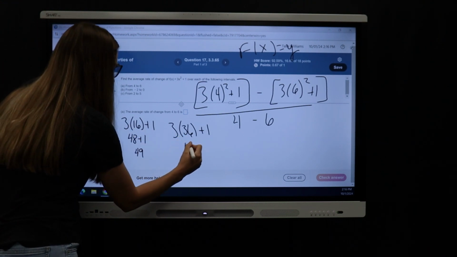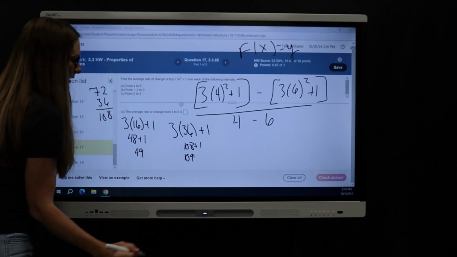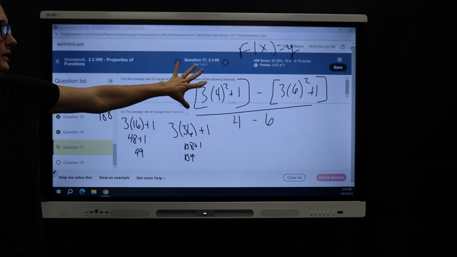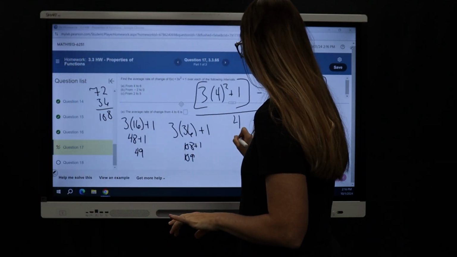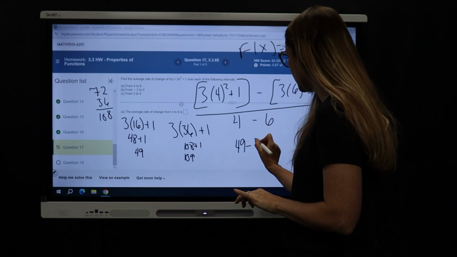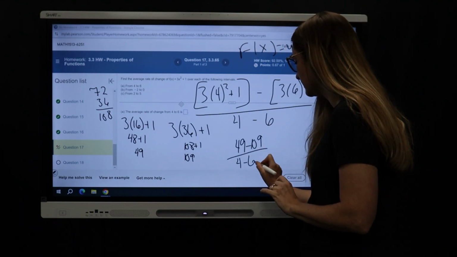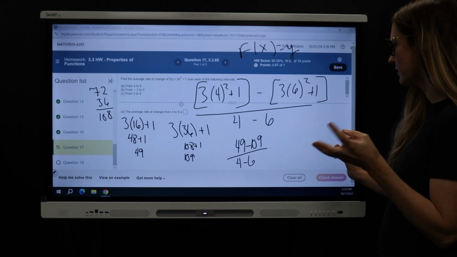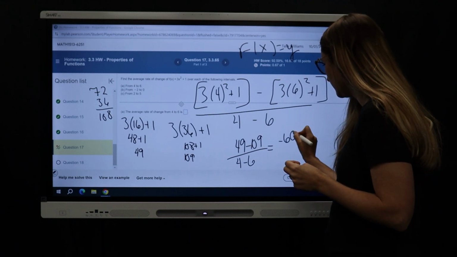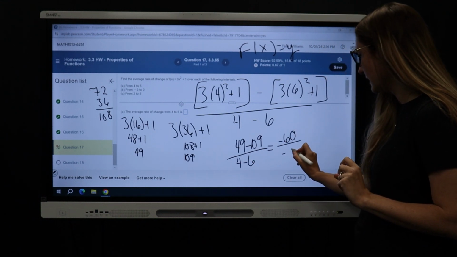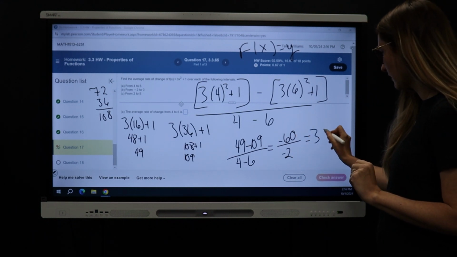So I have 108 plus 1, so this would be 109. But I find these two to avoid trying to work it out in that. So I'd have 49 subtract 109 over 4 subtract 6. So 49 and 109, their difference is 60. So I'd have a negative 60, and then 4 subtract 6 is negative 2, and then negative 60 divided by negative 2 is 30.